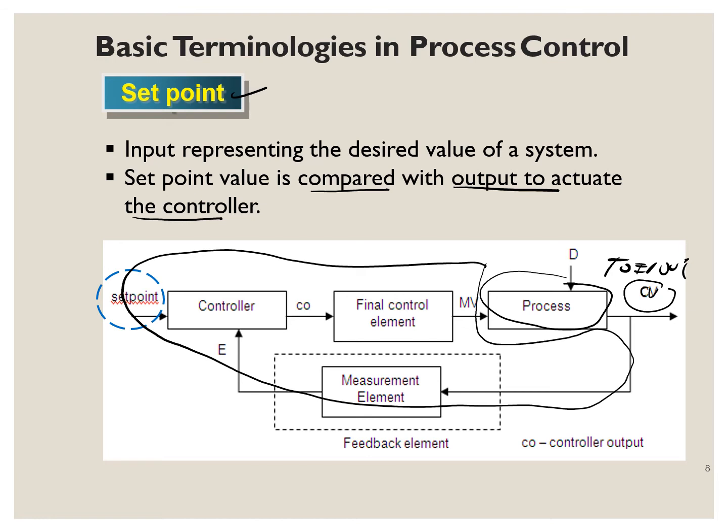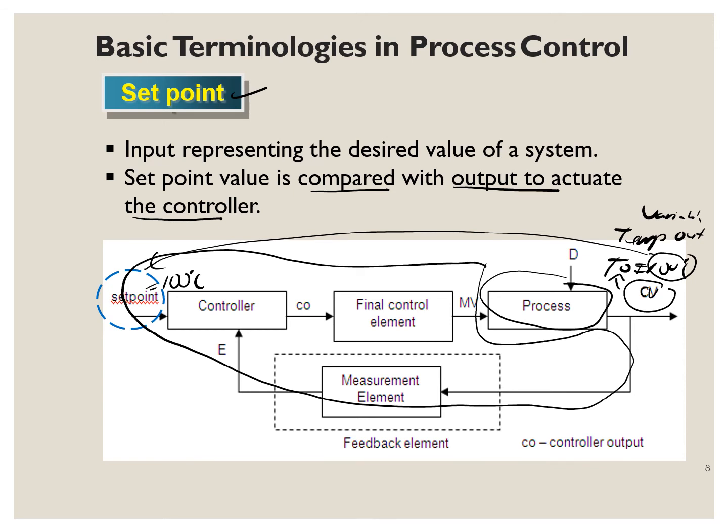Normally the set point is what we targeted, so the set point is equal to 100 degrees Celsius. The control variable here is our output temperature.